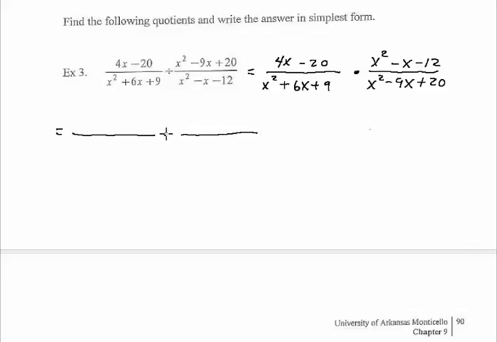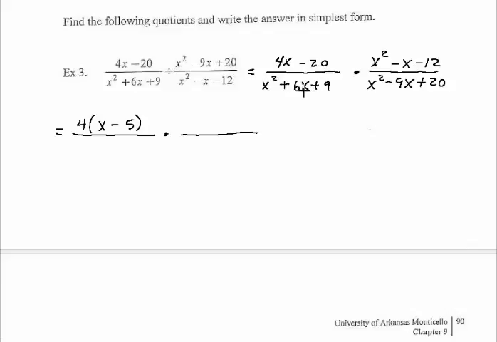Now we'll factor the numerators and denominators. 4 is the greatest common factor of 4x minus 20. We divide that out of each term, and we will get an x. 20 divided by 4 is 5, so we have a minus 5.